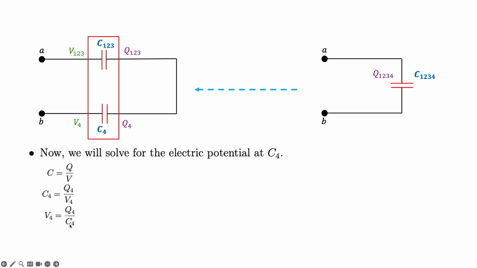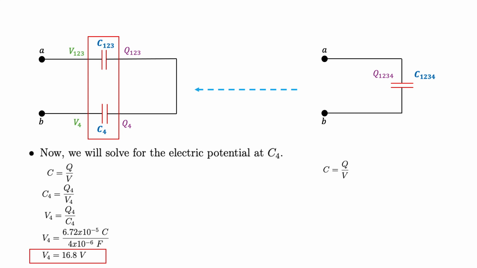Now remember that the charge at 4 is the same as Q1234 because they are connected in series. So you substitute 6.72 times 10 to the negative 5 coulomb in place of Q4, and the capacitance of capacitor 4 is 4 times 10 to the negative 6 farad. So you get that the potential at 4 is 16.8 volts.